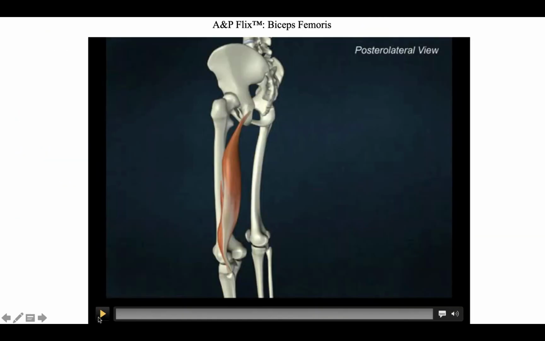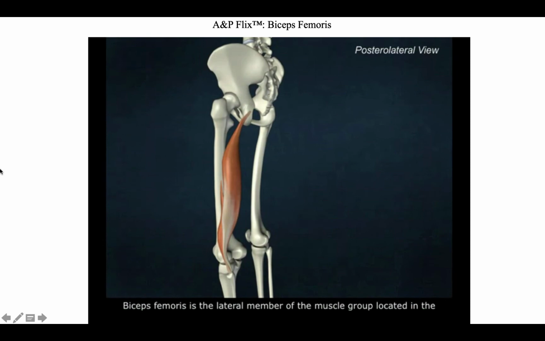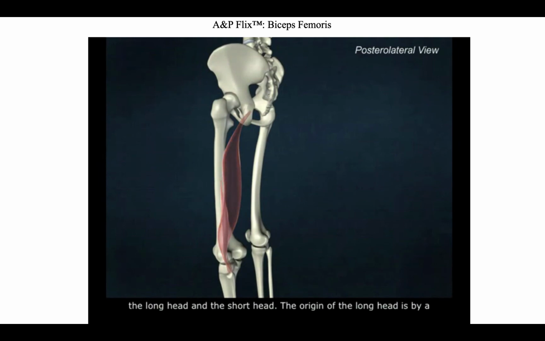Okay, let's take a look. Biceps femoris is the lateral member of the muscle group located in the posterior thigh, known as the hamstrings. Biceps femoris has two heads, the long head and the short head. The origin of the long head is by a common tendon with the semitendinosus from the superior and medial surfaces of the ischial tuberosity.